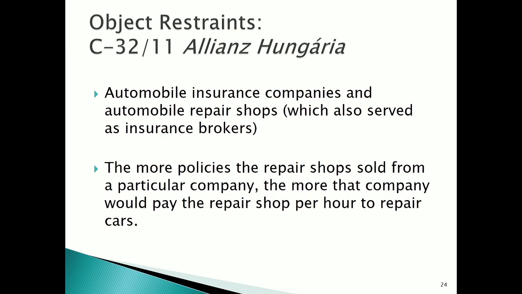No, it doesn't, right? The more Alliance Hungaria policies you sell, the higher your rate for repairs are. You sell more, you get more. Not just of insurance policies, but you get more for your repairs.